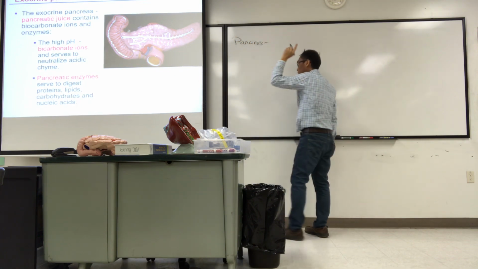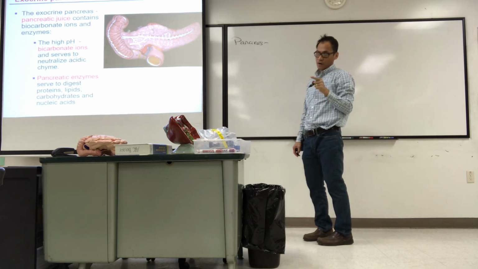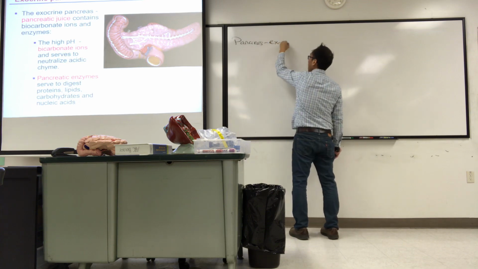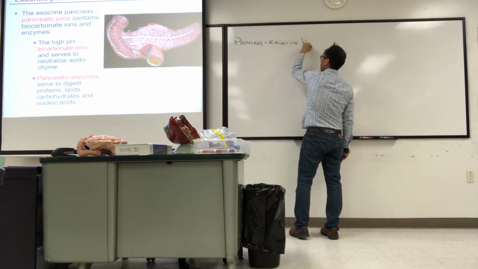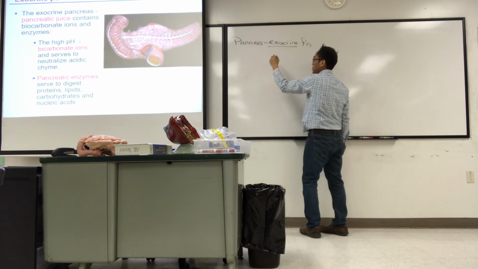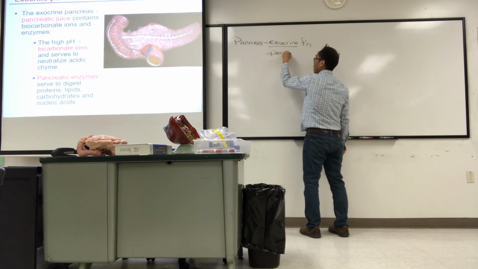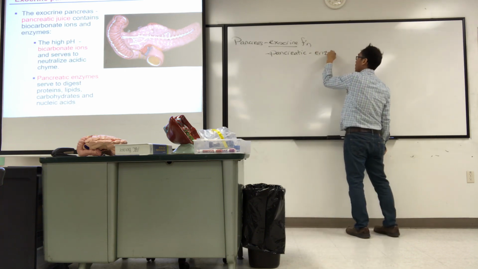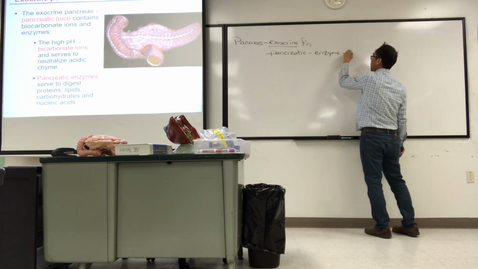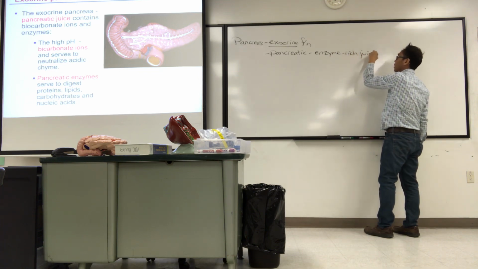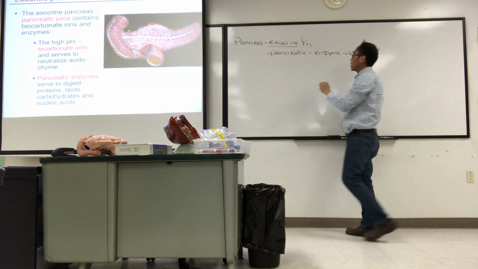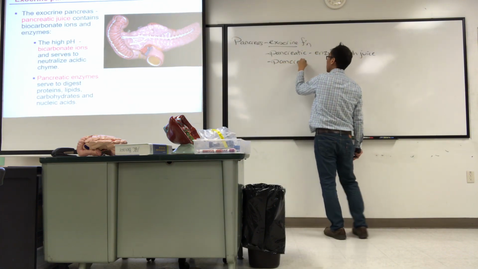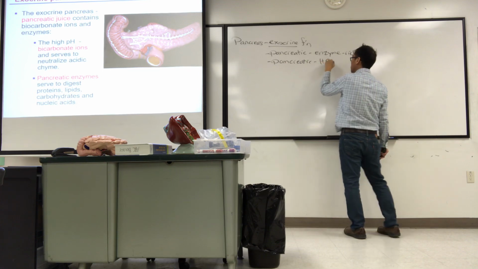For digestion, it's primarily exocrine function, but I'll mention both. I'm going to focus mostly on exocrine function, okay? Because the juice it secretes can be pancreatic enzyme-rich juice, or it can be pancreatic bicarb-rich juice.